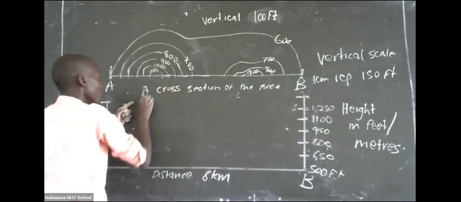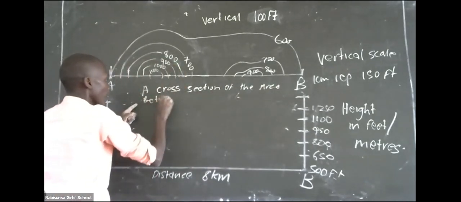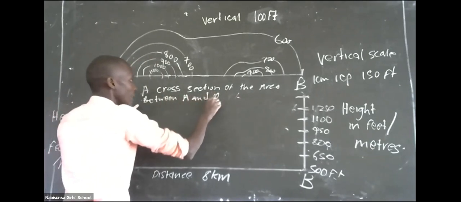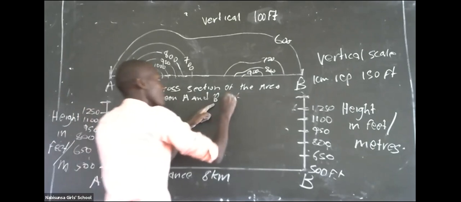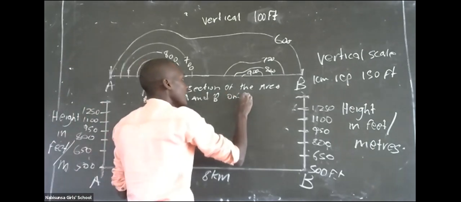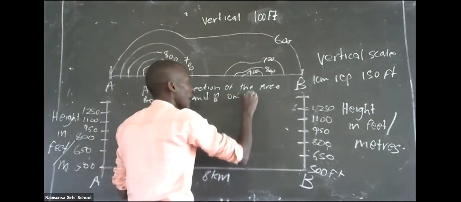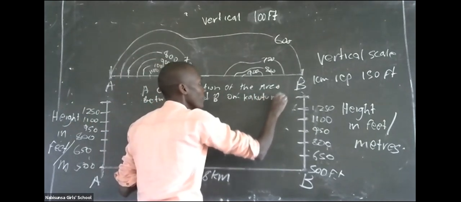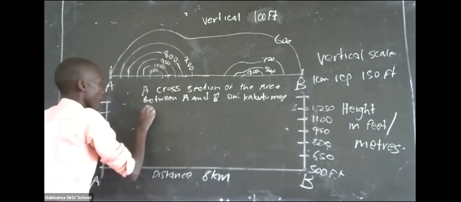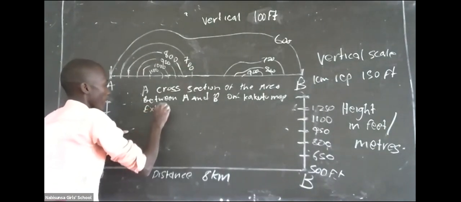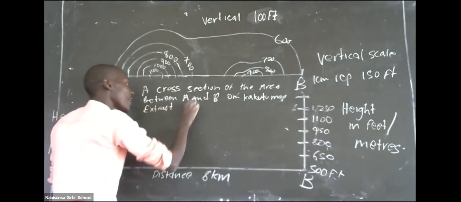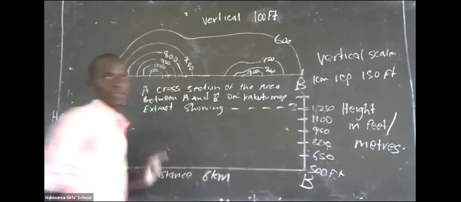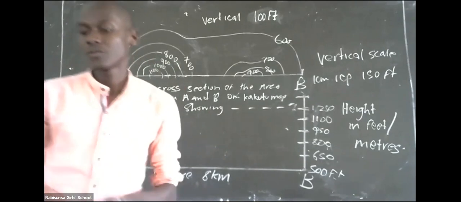Area between A and B. Then you have to tell us on which map extract, on Kakuto map extract, showing what they have asked you.